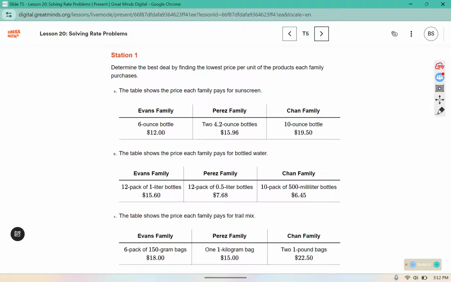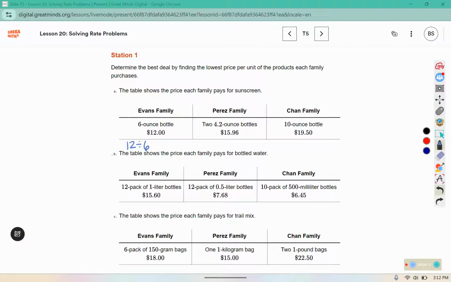It says the table shows the price each family pays for sunscreen. These are all measured in ounces, so we don't have to change the units, but we want the cost per ounce. So for the Evans family, we have $12 divided by a 6-ounce bottle.